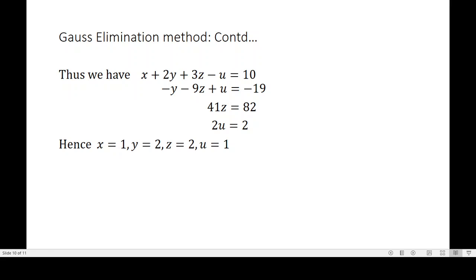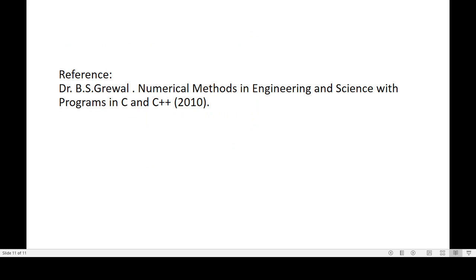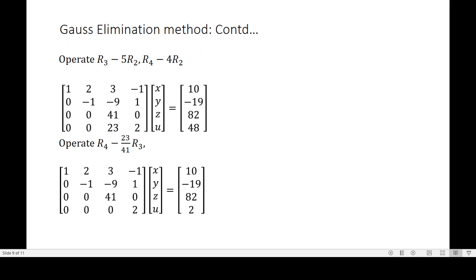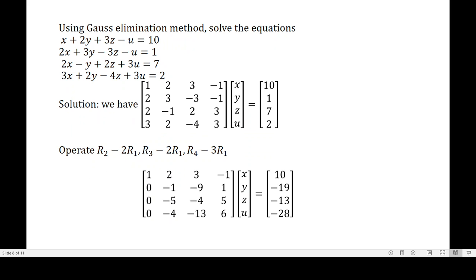Hence, Gauss elimination method is reducing the coefficient matrix to an upper triangular matrix using elementary transformations only. I hope you have understood the problem. So, given a system of equations, we eliminate x from the second, third and the fourth equations.